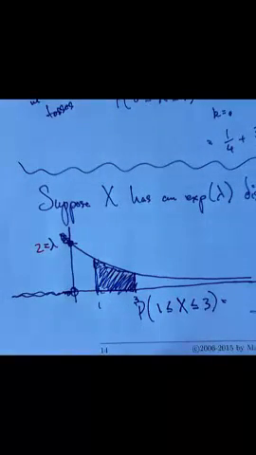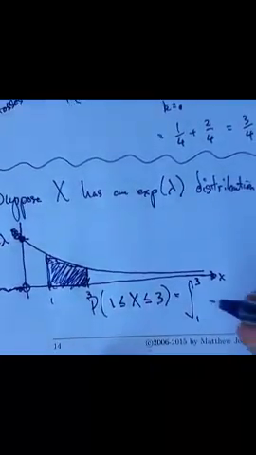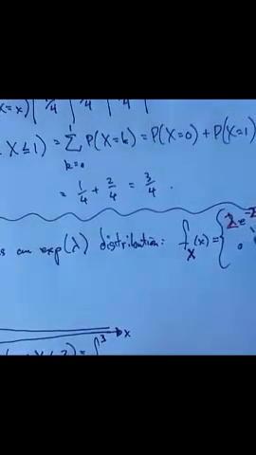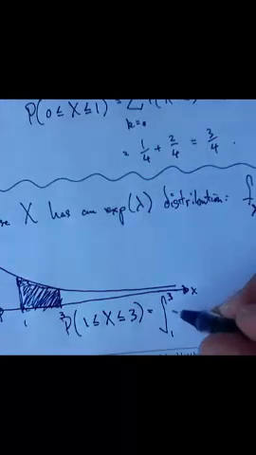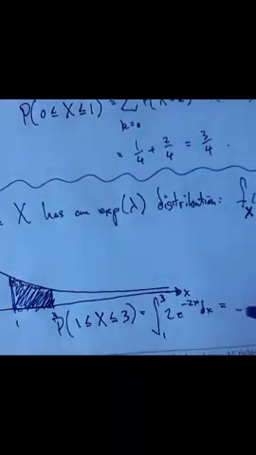All right. So this will be the integral from 1 to 3 of that density function, right? Between 1 and 3, the density function is just this stuff, okay? So it's 2e to the negative 2x dx, okay? And we've actually already solved this, remember, from the other page. It turns out to be 0.135335, okay?